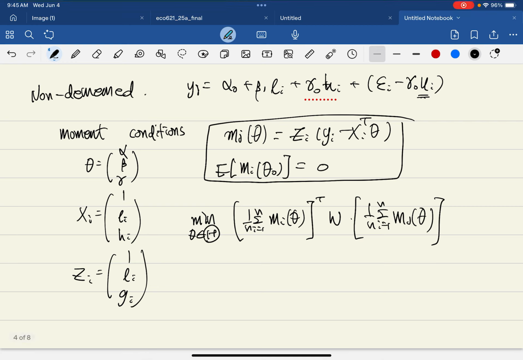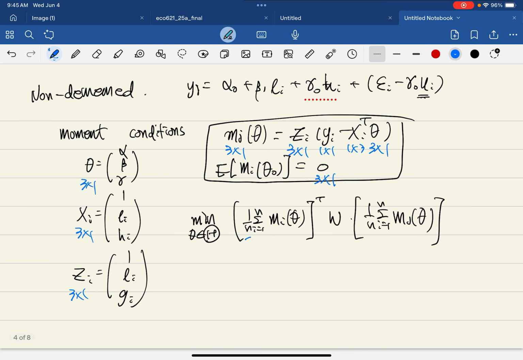So then you may check the dimension, by the way. Z is 3 by 1, everything is 3 by 1. So m is a 3 by 1 vector-valued function, and 0 is of course 3 by 1.